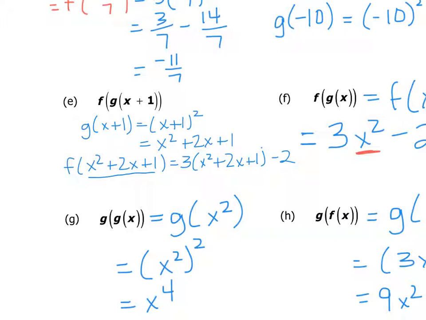So what you're going to want to do is distribute that 3. So this is 3x squared plus 6x plus 3 minus 2. Combine your like terms, and we get 3x squared plus 6x plus 1 when we are all done.